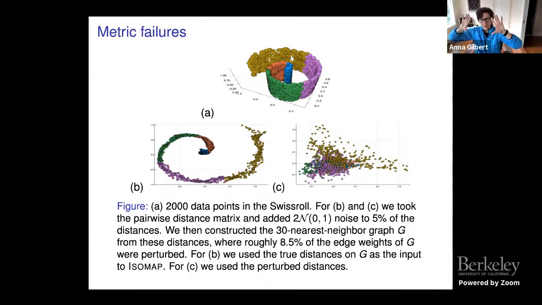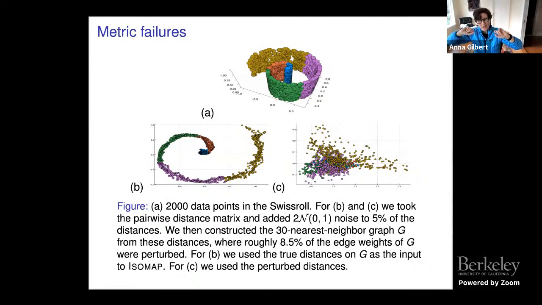And I get a pairwise distance matrix. And suppose that I add some noise to the pairwise distances, not to the data themselves, but to the distances. And suppose I add noise to only 5% of the distances. So 5% of the entries in my distance matrix is going to be corrupted.